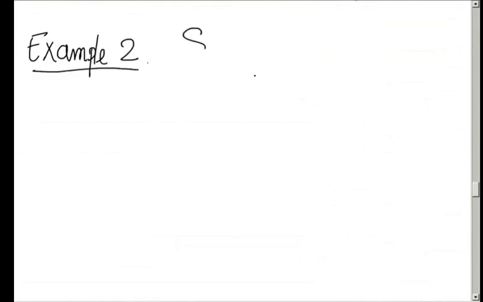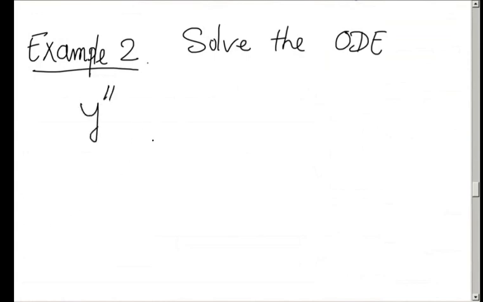Example 2. Solve the ODE: y double prime minus y prime minus 2y equals 18x e to the 2x.